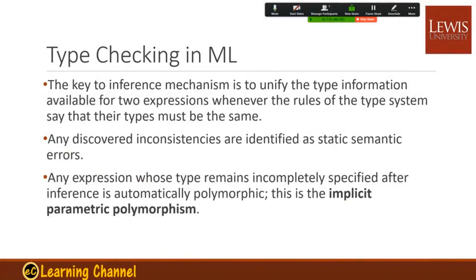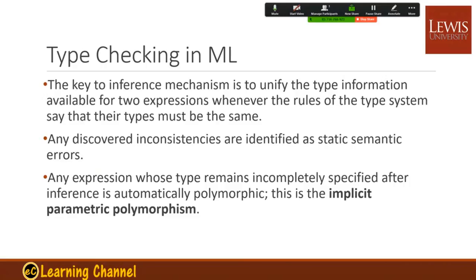So for type checking in ML languages, the key inference mechanism is to unify the type information available for two expressions whenever the rules of the type system say that the types must be the same. So this one is trying to unify the information for the two expressions. That means trying to use a closer type to unify the two expressions.